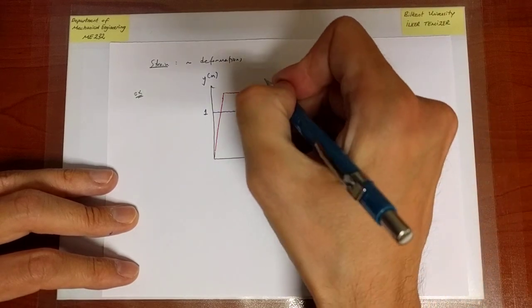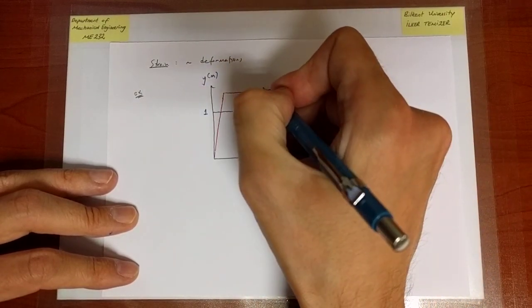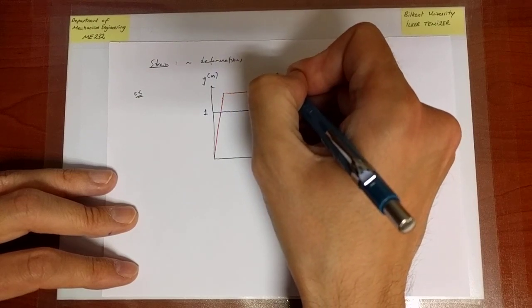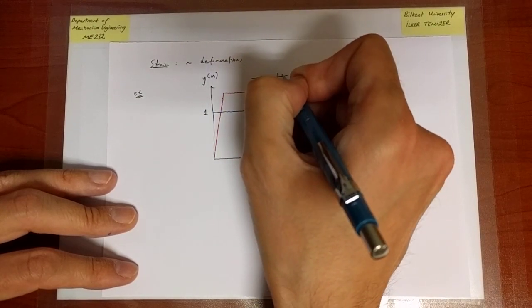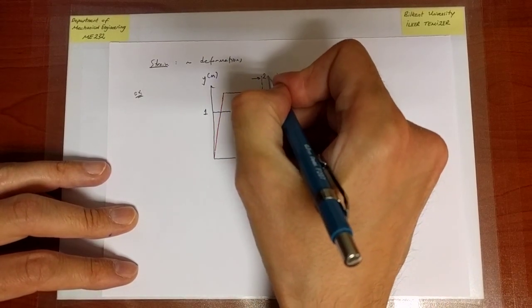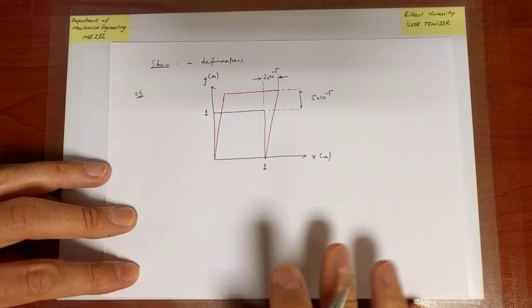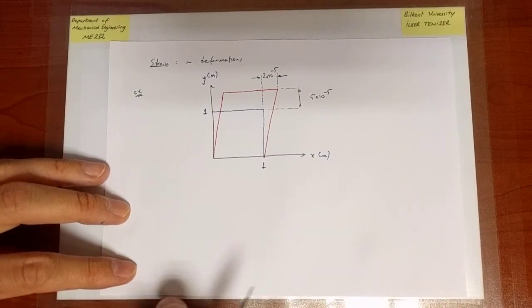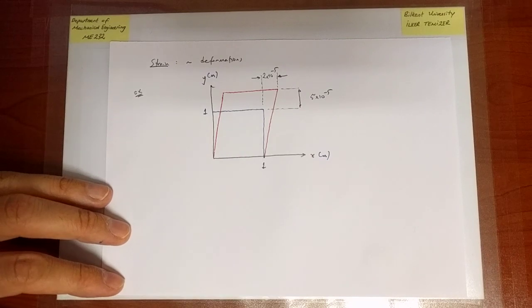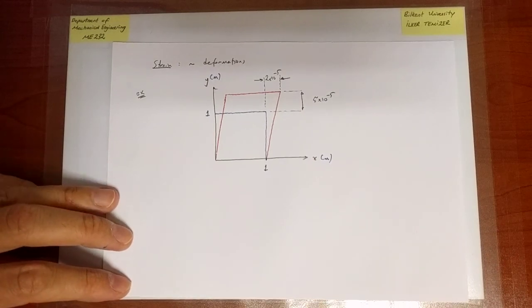And the distance traveled in the horizontal direction is 2 times 10 to the minus 5. Okay. Good. And the question is, what are the strains in this structure?